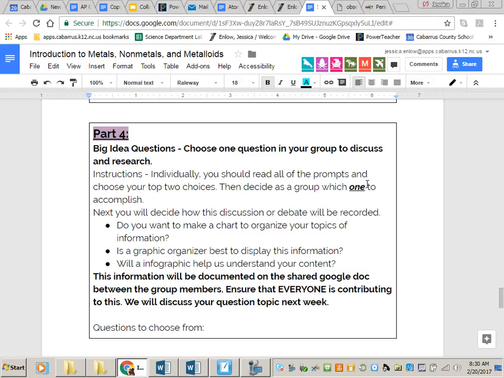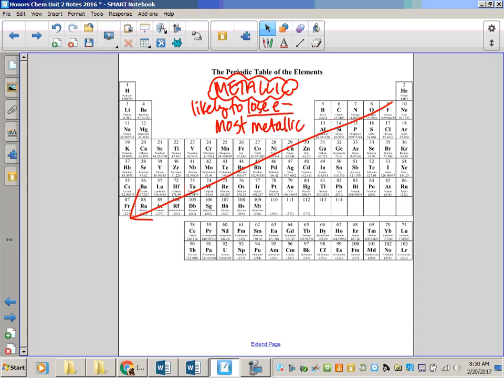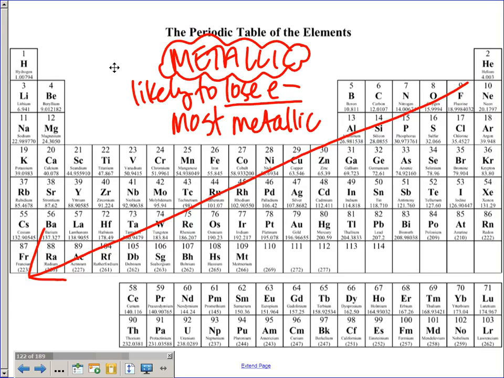Can you see that angle? Okay, it increases the same as atomic radius. Metallic we don't speak of as a trend per se, it's just a property.